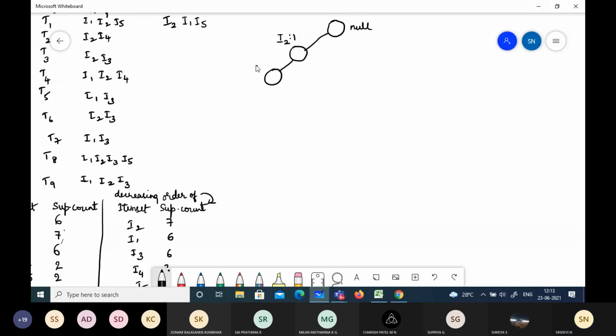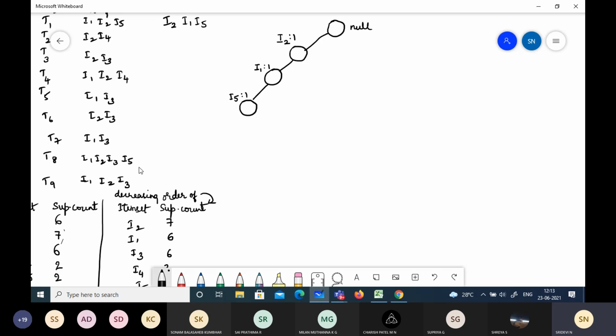I1 with a count of 1, and then I5. I have I5 with a support count of 1. So I2, I1, I5.